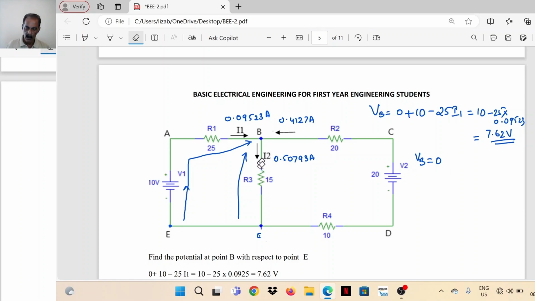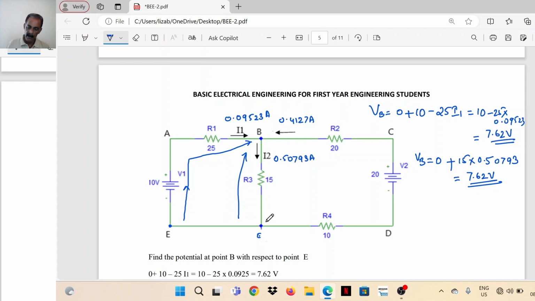I2 is opposite to the direction of the path, so it is given a positive sign. The IR drop value is 15 into 0.50793, and again you will get 7.62 volts.